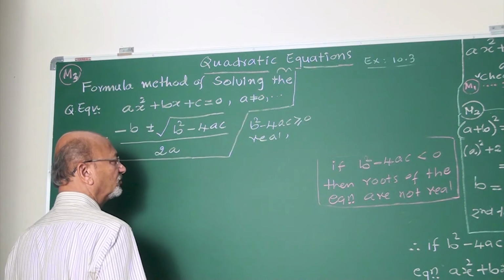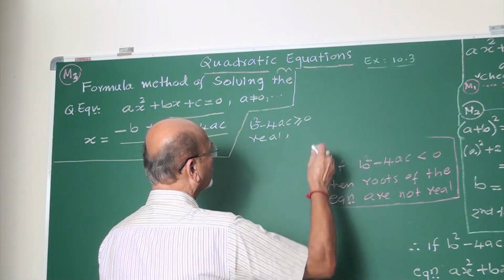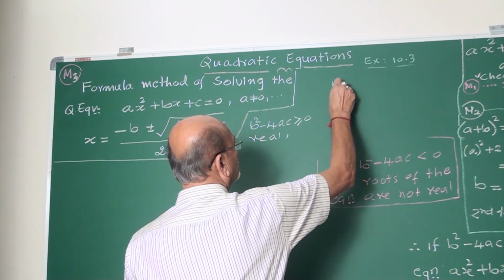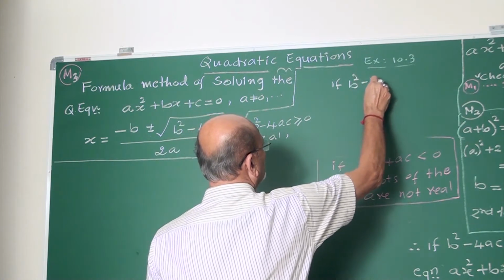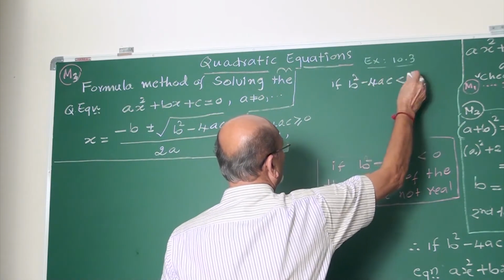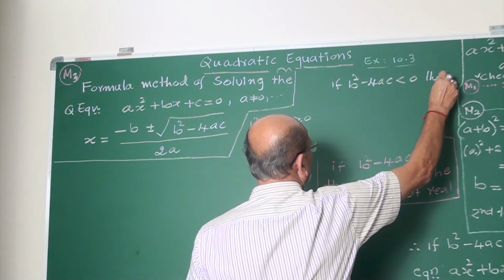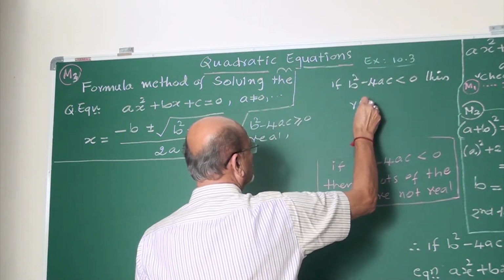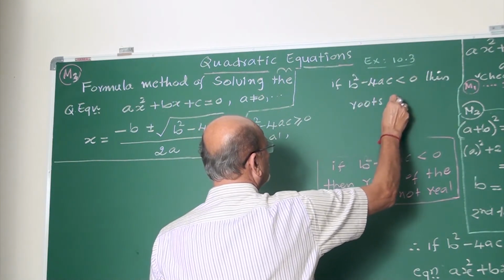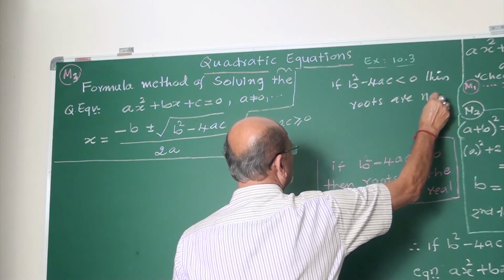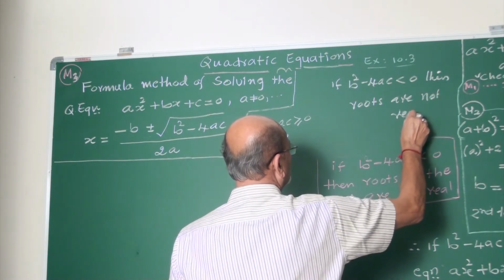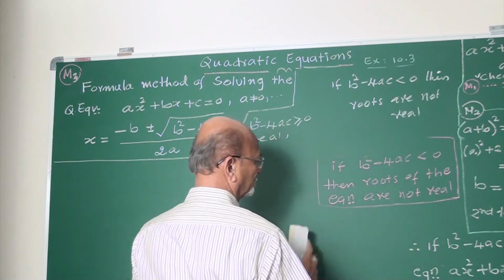If it is negative, roots are not real. If b square minus 4ac is negative, then roots of the equation are not real. That's all.